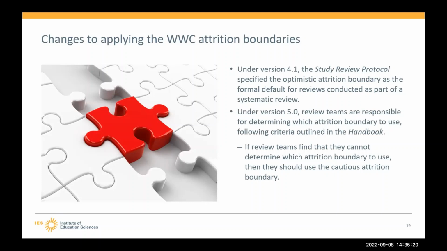Conversely, the cautious attrition boundary is appropriate for interventions that may plausibly affect sample composition. So for example, dropout prevention or school choice programs might be assumed to potentially affect sample composition. So the compositional change section of the version 5.0 handbook now provides additional examples and guidance to review teams for navigating this choice of selecting the most appropriate attrition boundary for a particular intervention.